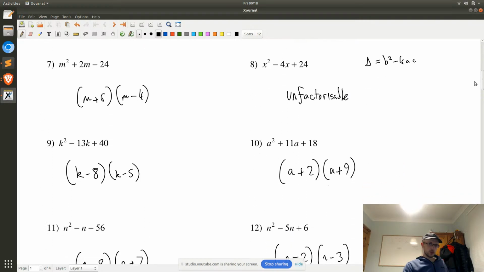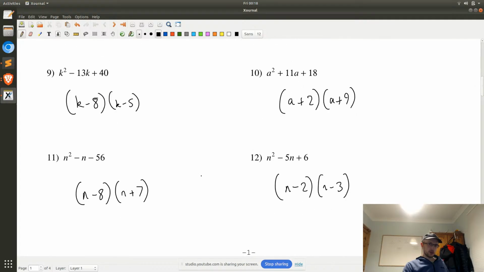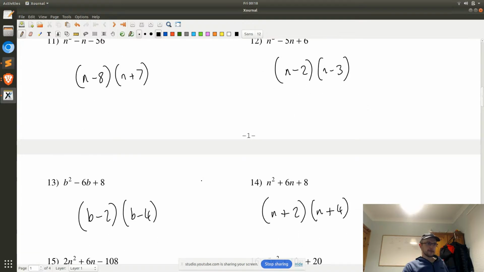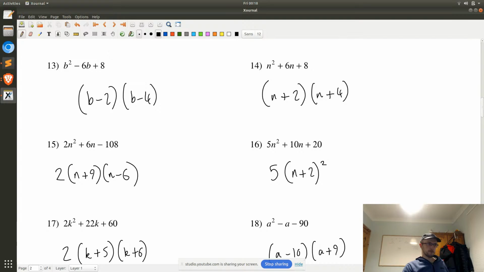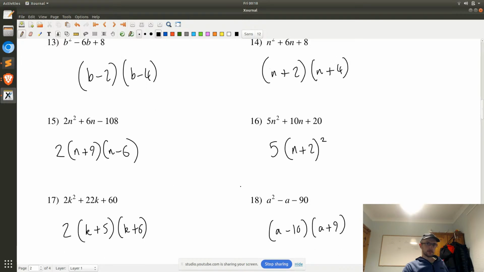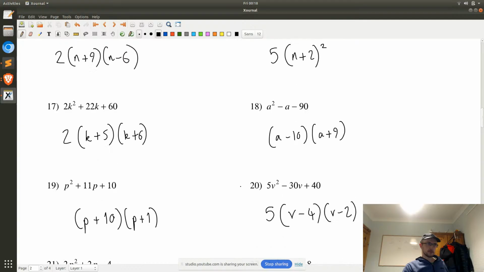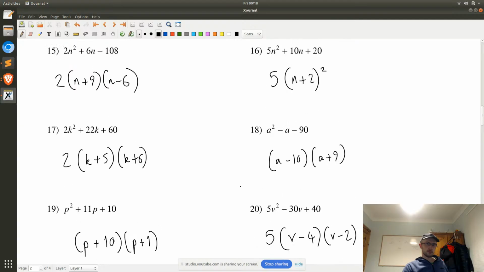Okay, all good so far. They say not factorable, I say not factorizable. We are different, but that's okay. Oh no! You're kidding me. Did I do that?